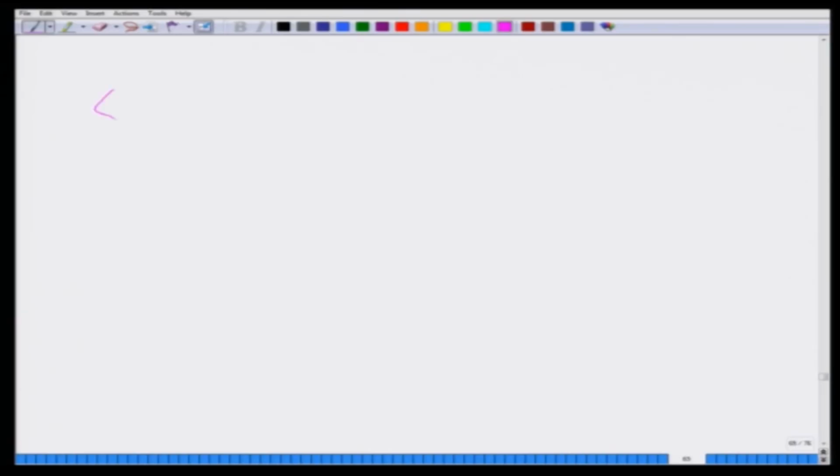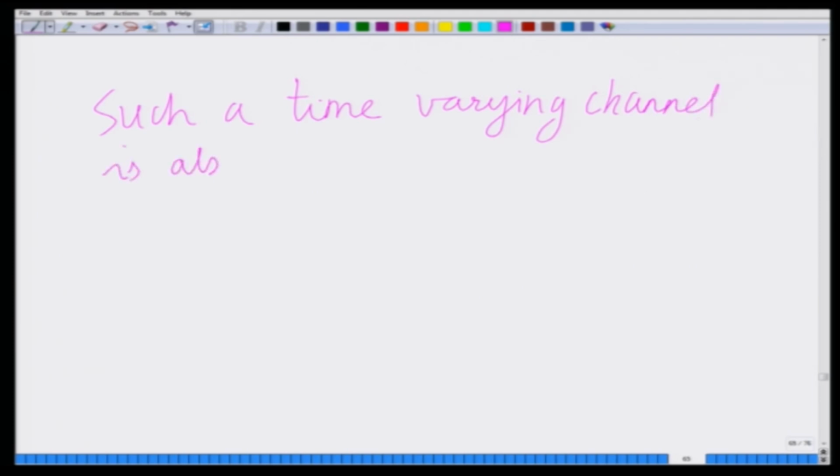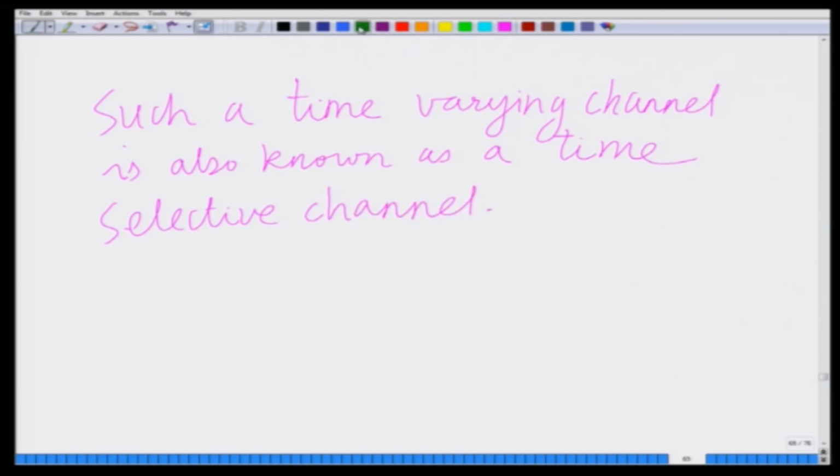Such a time varying channel is also known as a time selective channel.